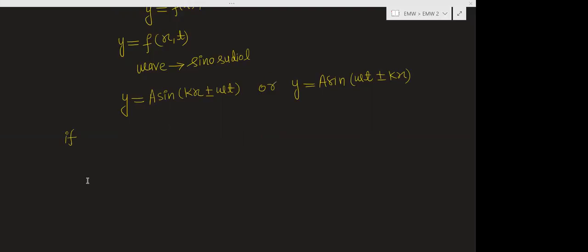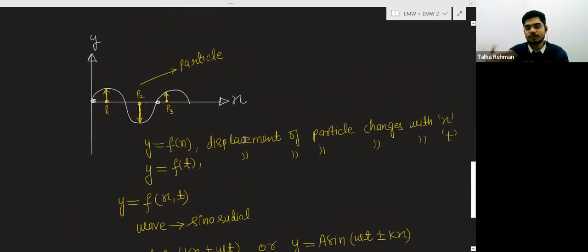Okay, so we are discussing what is a wave and how to write the equation of the wave, because we want to write the equation of an electromagnetic wave.